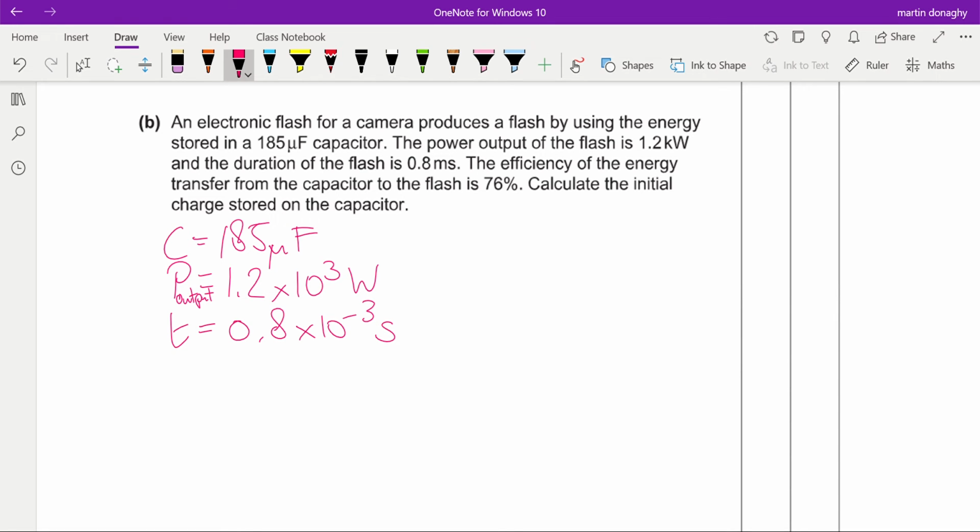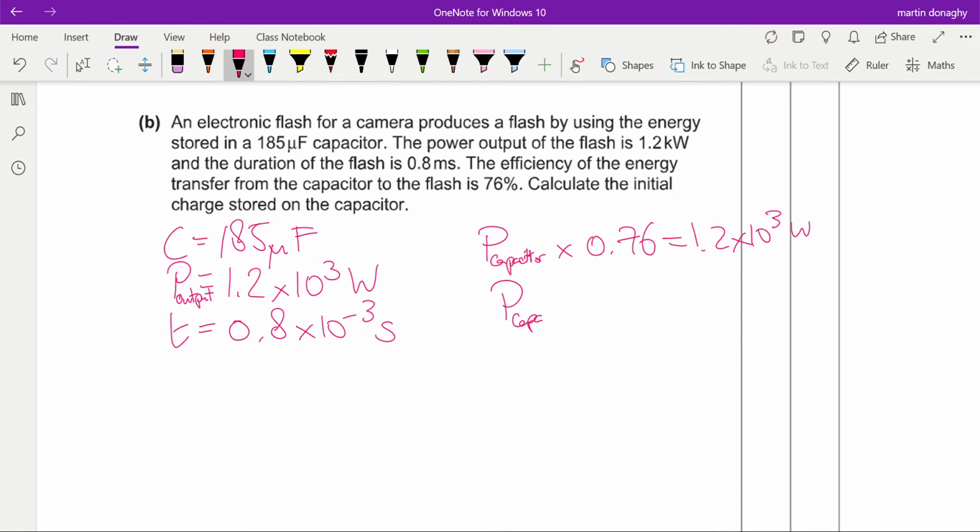but that's only 76% of the total power that was available in the capacitor. So the total power from the capacitor times 0.76, times 76%, equals 1.2 by 10 to the 3 watts.